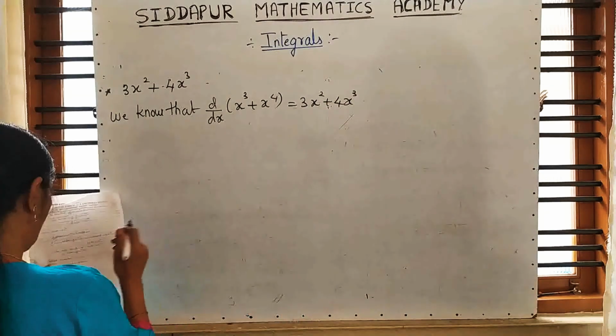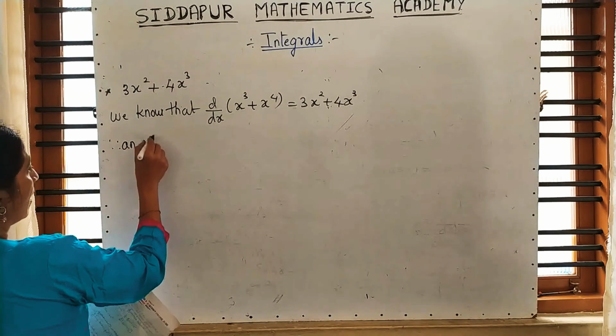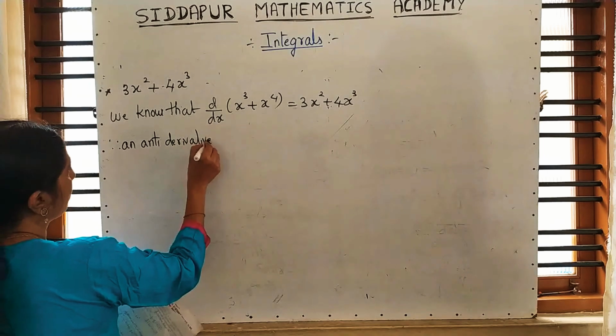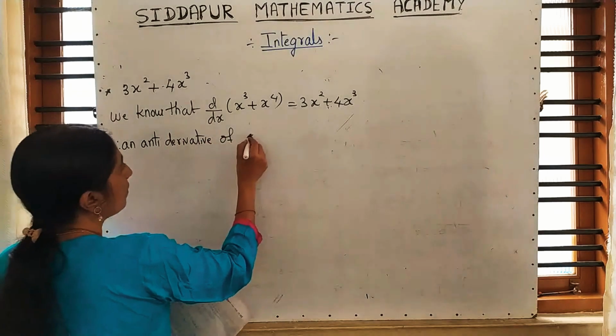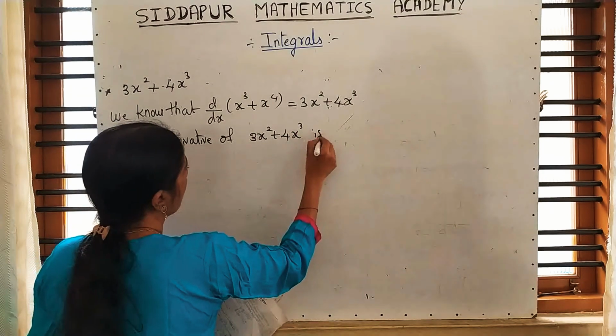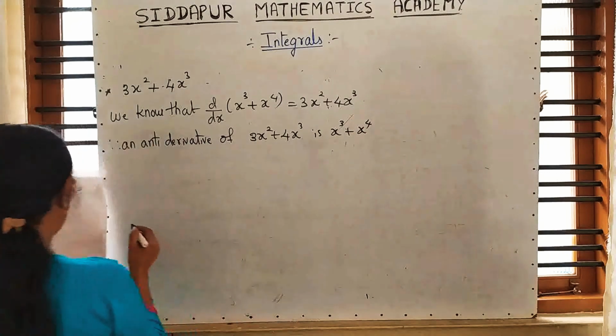Correct or what? Directly we got the answer. Therefore, an antiderivative of 3x square plus 4x cube is x cube plus x raised to 4.